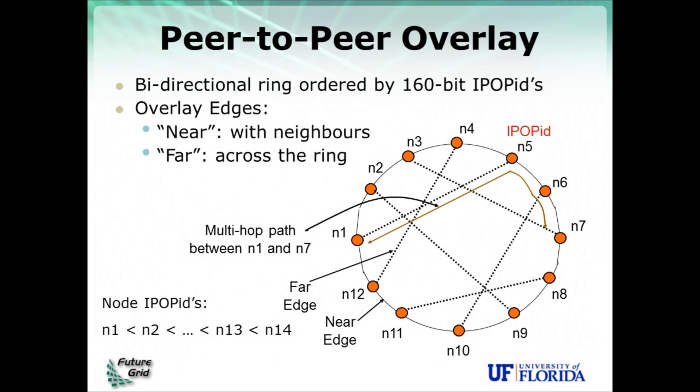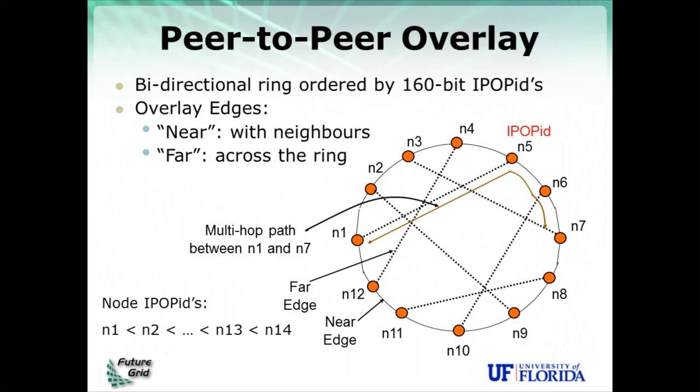IPOP follows an approach that other structured P2P systems have followed, which is to order them as a bidirectional ring, where each node has a unique identifier with a large address space, in our case 160 bits. These identifiers are ordered in increasing order. That's important for routing, as we'll see.